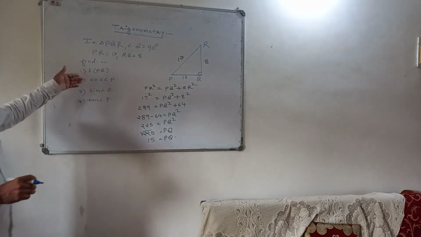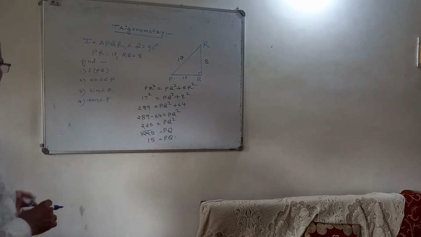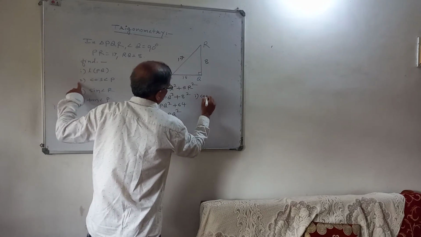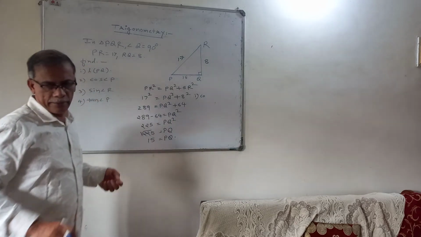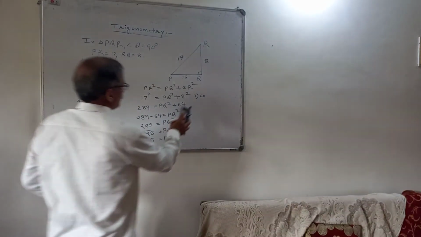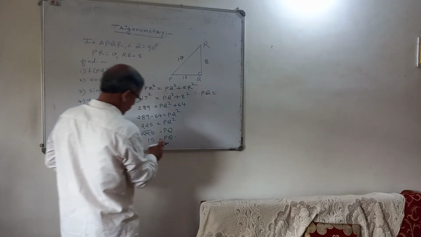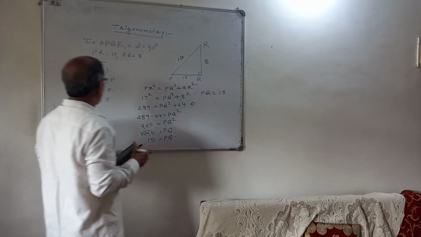And now we can write the answer for remaining ratios. So this is the answer for 1, isn't it? So I shall write here, therefore this PQ is equal to, how much we have obtained? 15. So now second, what is asked?